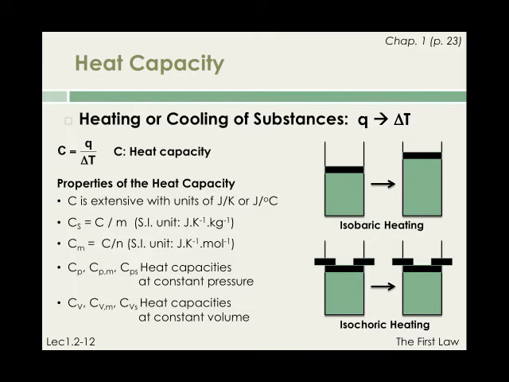We will see in the next lesson that for gases, the magnitudes of C sub Vm and C sub Pm differ from each other because at constant volume, heating of a substance does not require the substance to do work on the surroundings, whereas heating of a substance at constant pressure does.